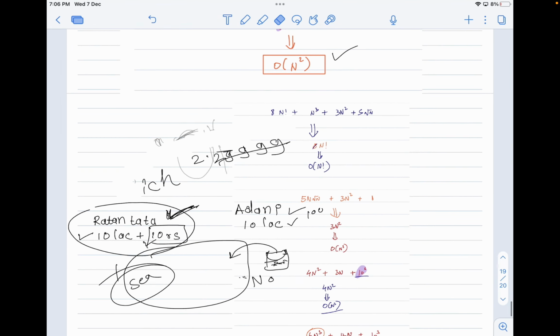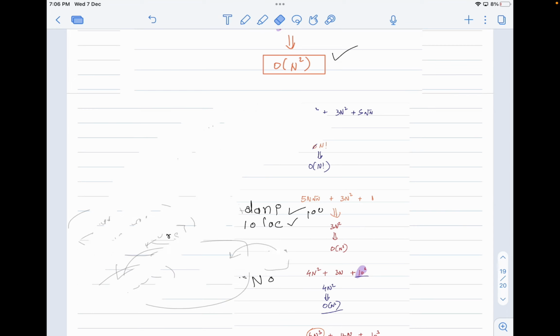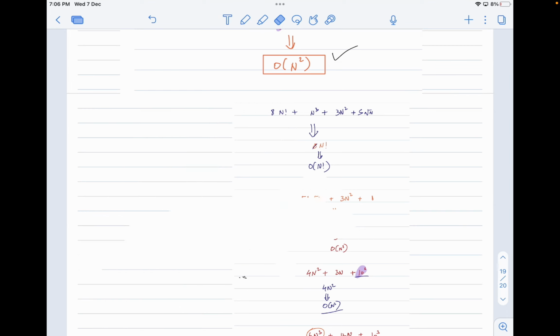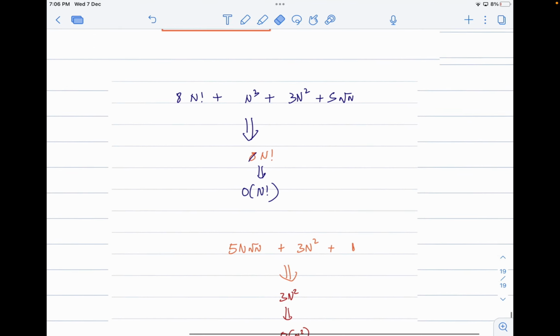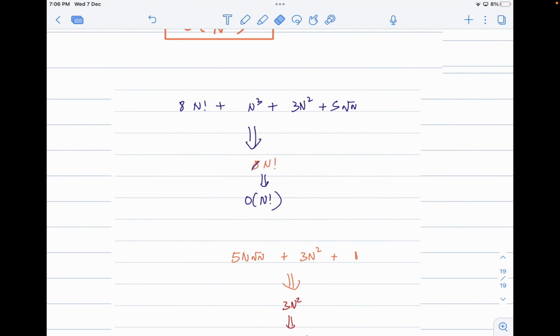I'll just clear this. I'll just zoom this. Okay, tell me the time complexity. This is 8 n naught plus n cube, 3n square plus 5. So the highest term is what?